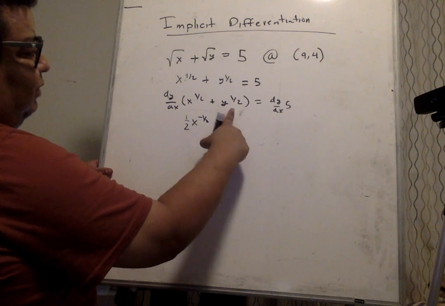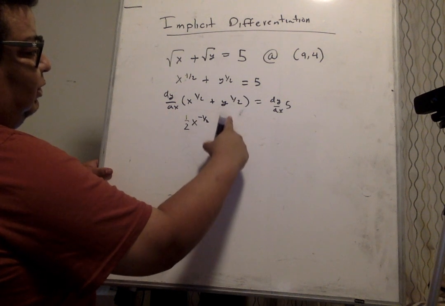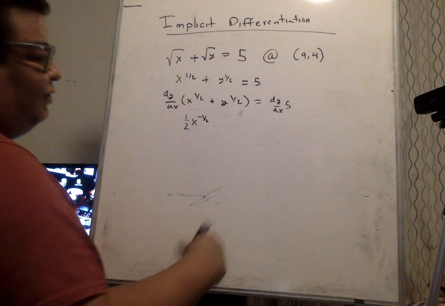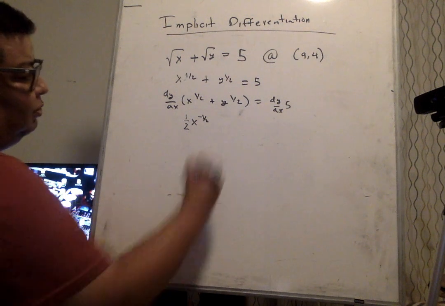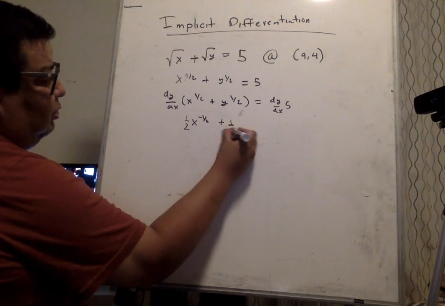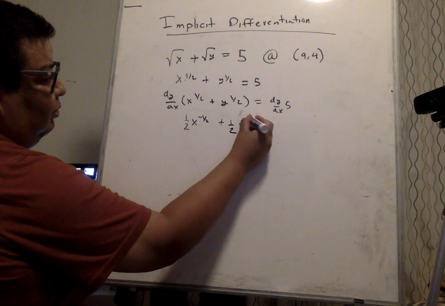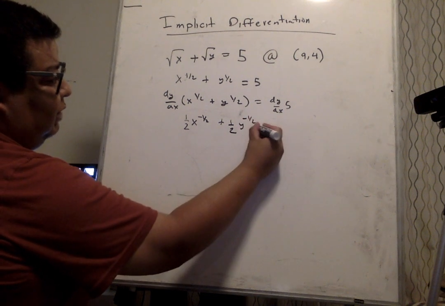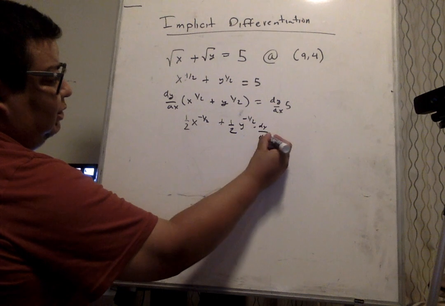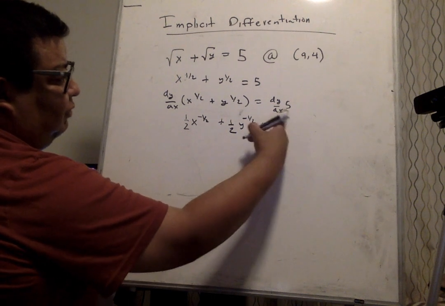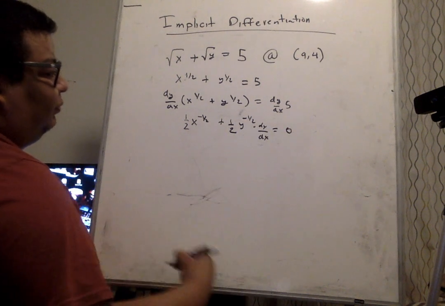Now we do the same thing for this one, but we're gonna have to multiply by dy/dx because we're taking implicit differentiation. So it's gonna be 1/2 x to the minus 1/2 plus 1/2 y to the minus 1/2 times dy/dx equals the derivative of 5, which is just 0.